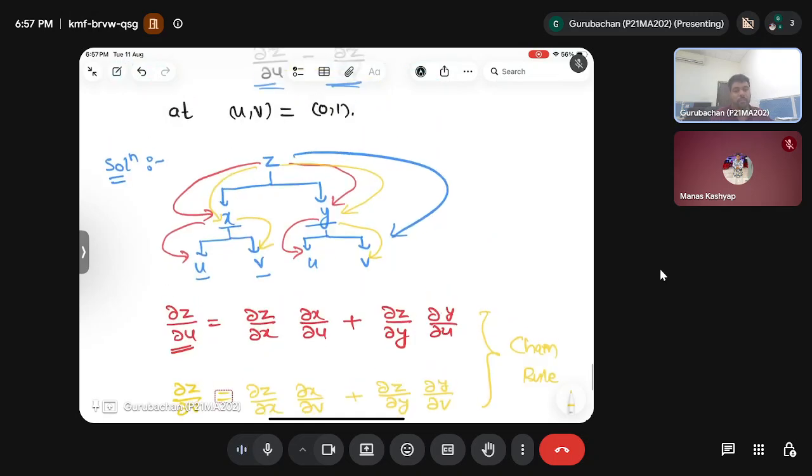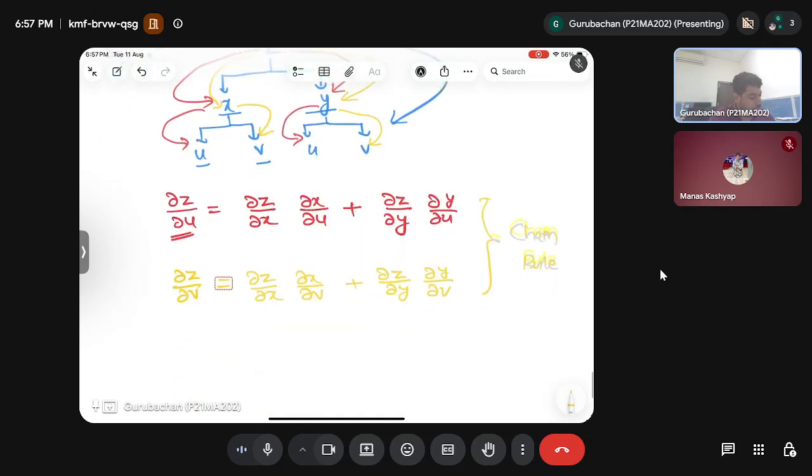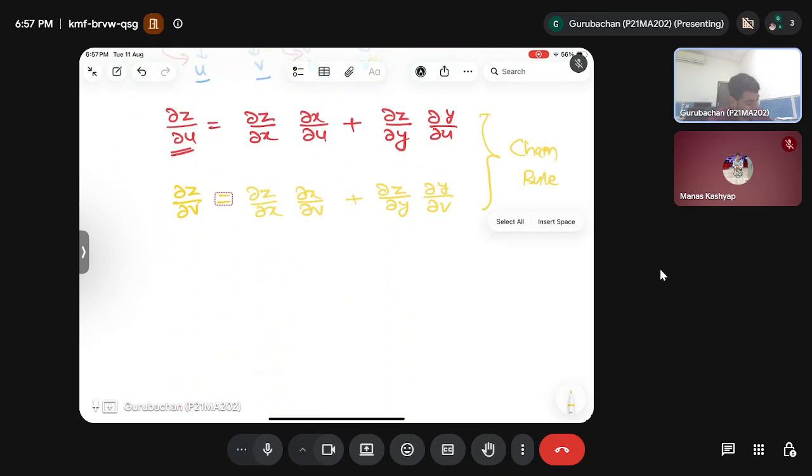this independent variable. The other thing is, you know that your z is some function of x and y, you know that x is a function g of uv and y is a function h of uv.